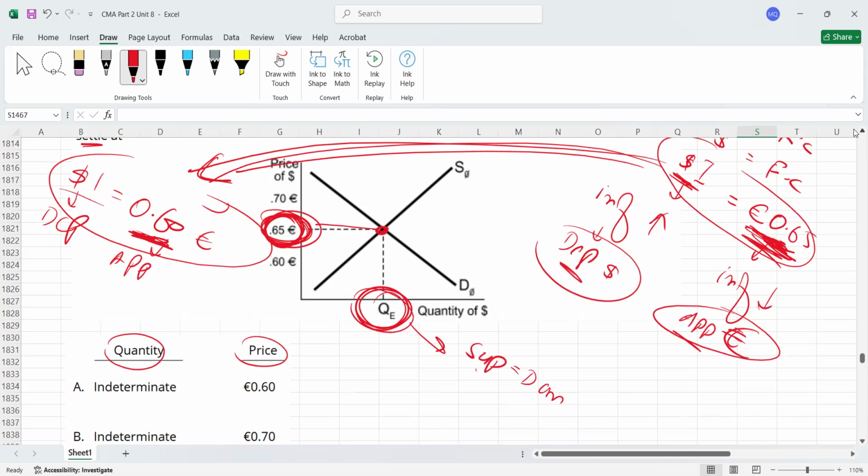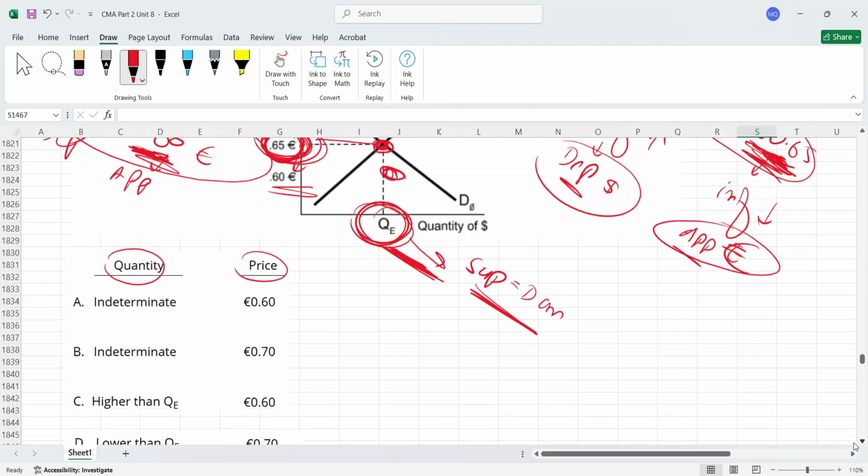We cannot say anything about it, because it could be higher or lower than this point. But the rate definitely will go down because the euro will appreciate. Equilibrium quantity means where demand and supply will be equated. Maybe this point could be higher or lower than the existing point. We cannot say anything, so quantity is always indeterminate.